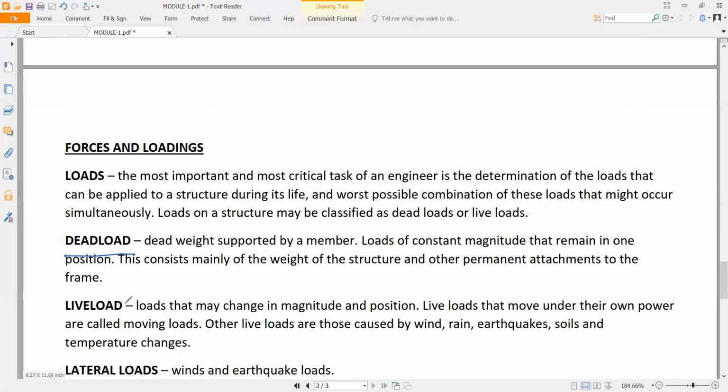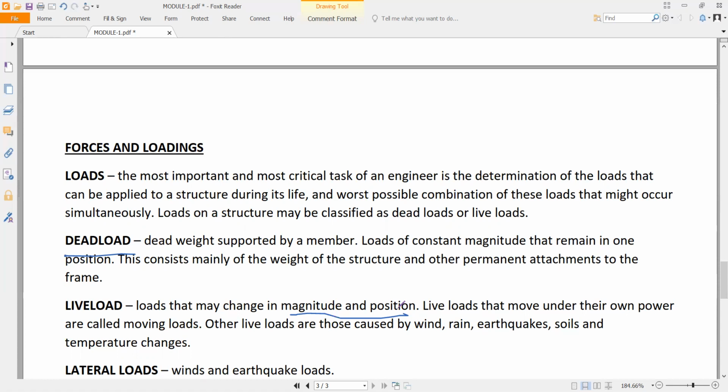Okay? While the live load, ito yung nag-iiba in magnitude and position. Yung tao, live load yan, pwedeng minsan magaan, minsan mabigat, minsan nasa left, minsan nasa right. Lumilipat siya ng posisyon. And sometimes, it could also be wind. Kasi yung wind natin, live load yan. Sometimes, meron tayong malakas na hangin, mahinang hangin.